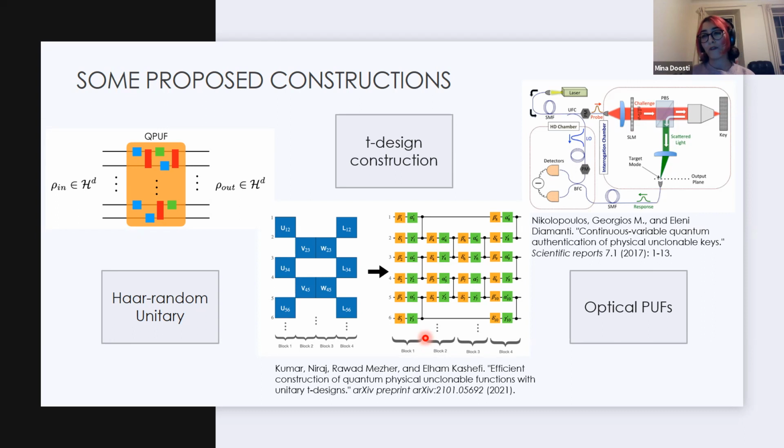And that was one of the open problems that I mentioned. If someone gives you a set of unitaries or transformations and claims that it's a PUF, how would you be able to certify that? If you don't want to assume the whole thing, to what degree will you be able to certify that this satisfies all the requirements that we want?